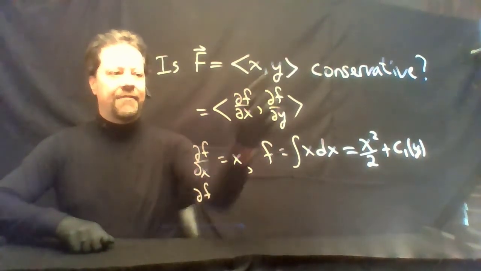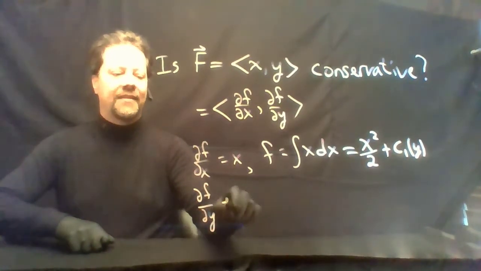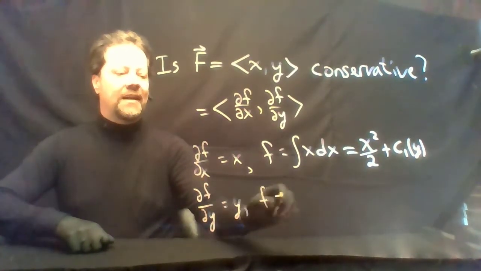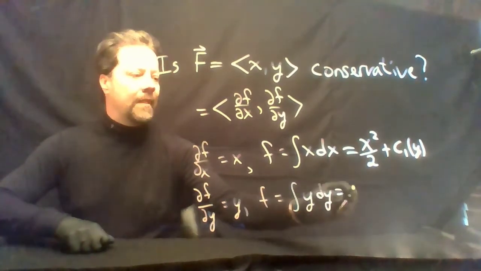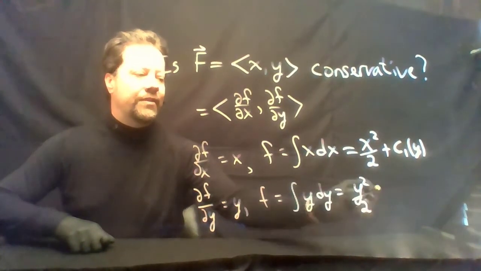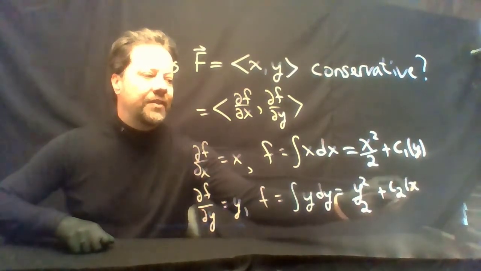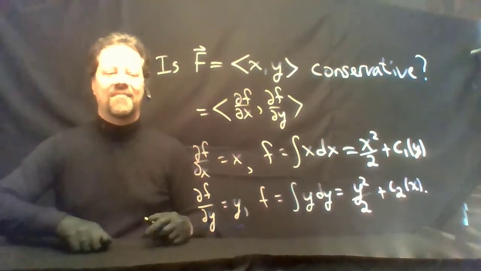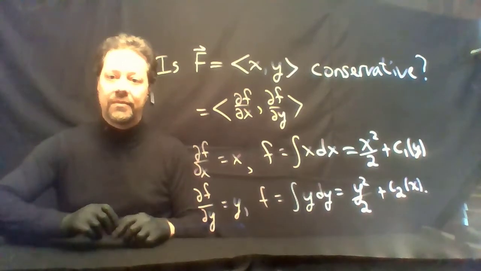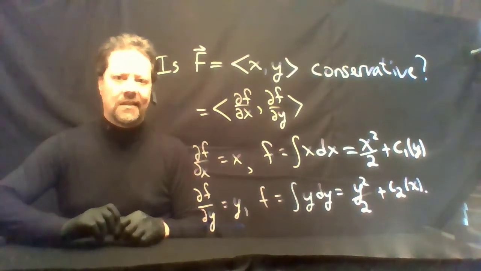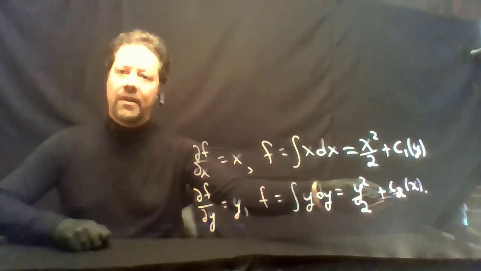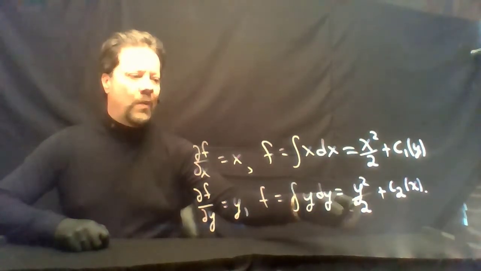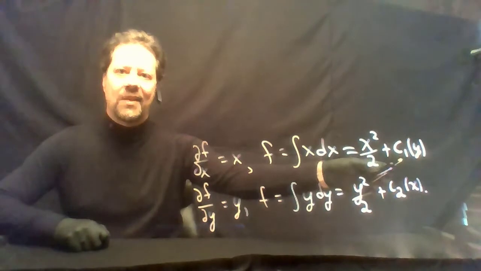If df/dy is equal to y, that implies f is also the integral of y with respect to y, which is y squared over 2 plus an arbitrary function of x. These must both be true. Is there a way to reconcile them? Surely, x squared over 2 must be lurking in C2, while y squared over 2 must be lurking in C1.